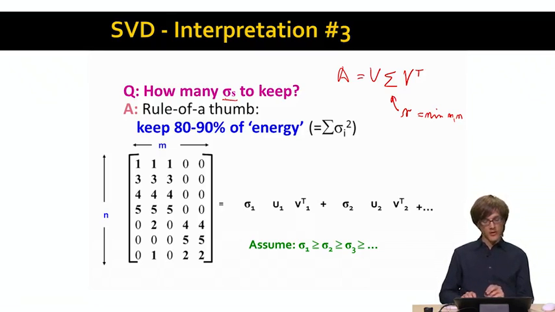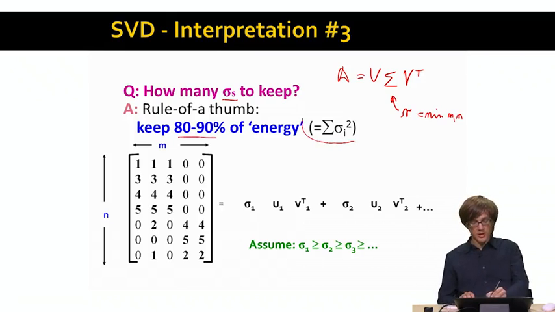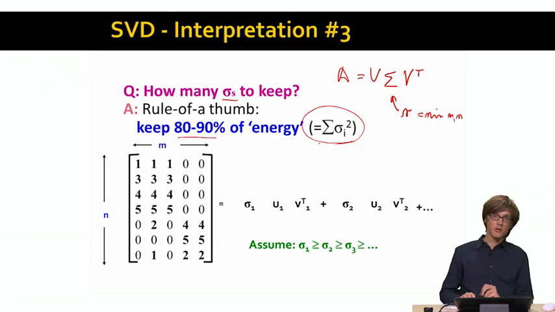And a good rule of thumb is that I should keep as many so that I preserve 80 to 90% of the energy. And the way I can do this is the following. I define the total energy to be the sum of the squares of the singular values.